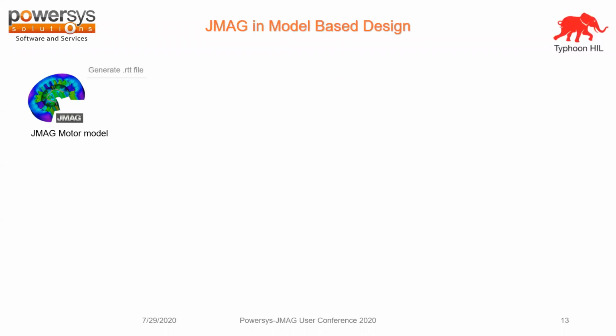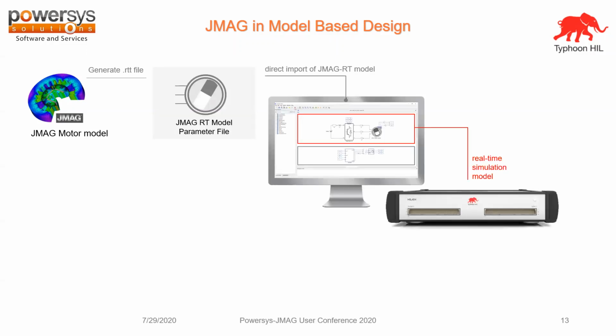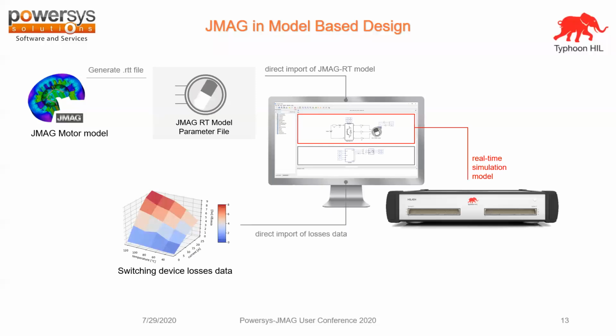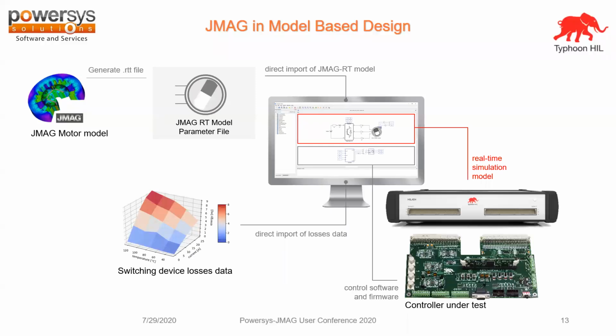Okay, a quick introduction about how this Jmag Rt file is incorporated into Typhoon Hill. Basically, again, the FEA model creates a Jmag Rt file that is directly imported into Typhoon, as you can see here. Of course, you will see a detailed presentation after mine.